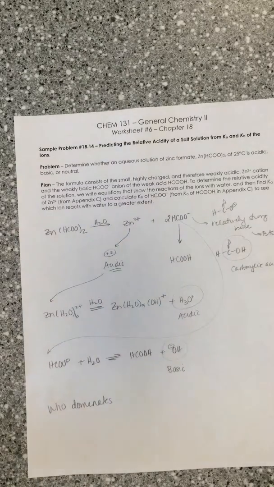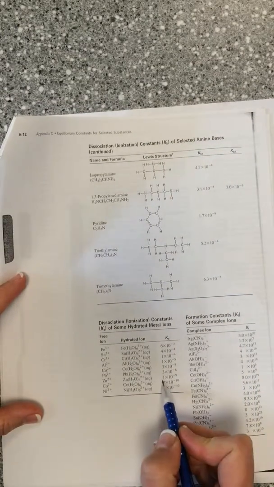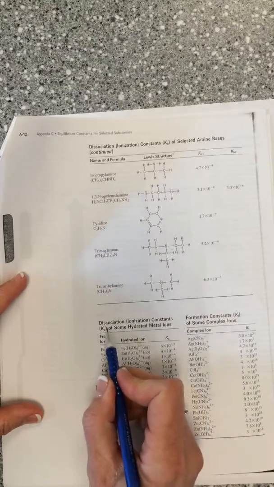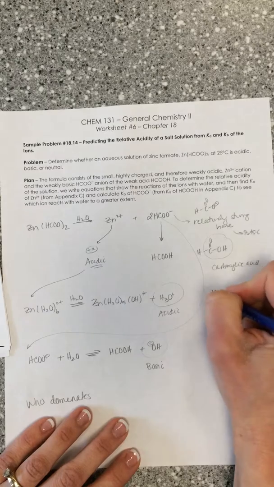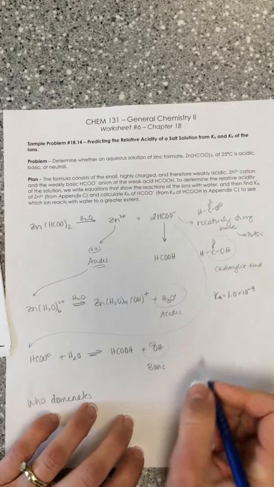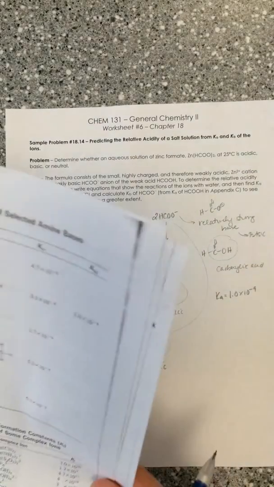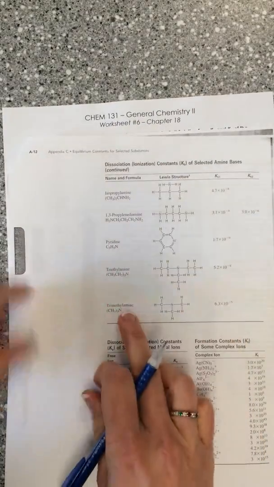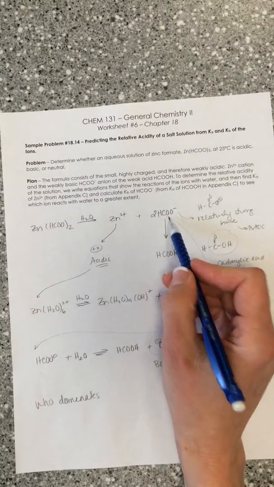What we can do here is look up zinc. Here is the Ka, the ionization constants for some hydrated metals. The Ka for this is 1 times 10 to the minus 9th. So we know how strong of an acid that is. Now, if we look up Kb values, these are all alphabetical, and these are all amines in here. I don't see formate.